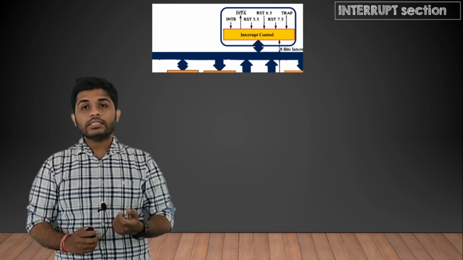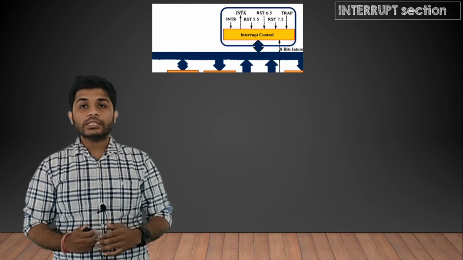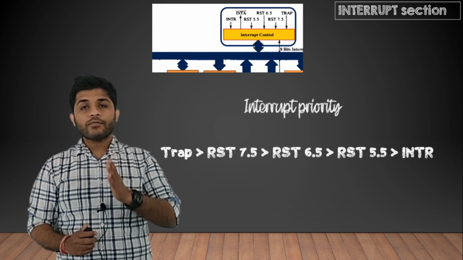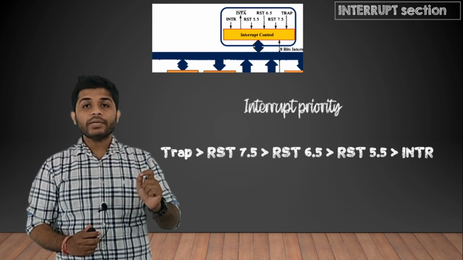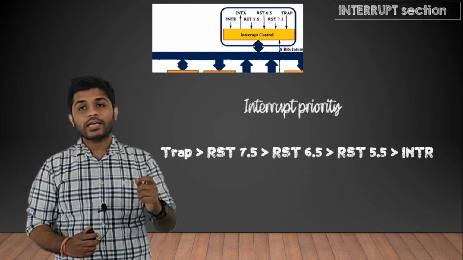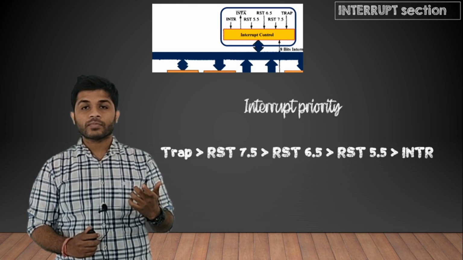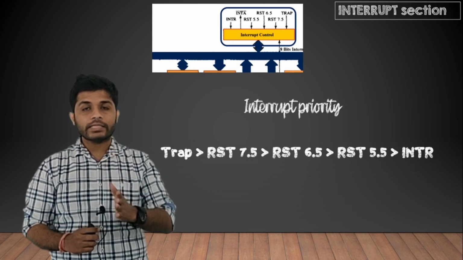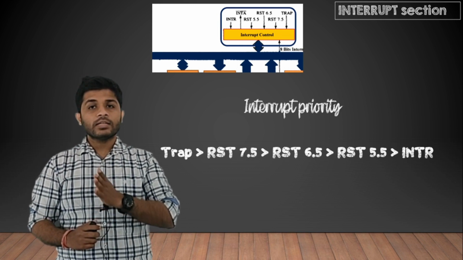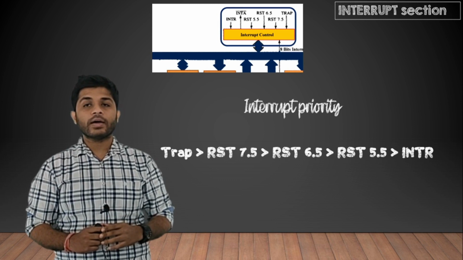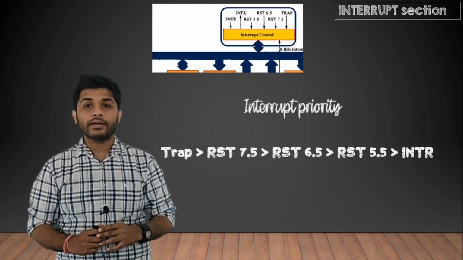Now let's see the priority of these interrupts. From these 5 pins, TRAP has the highest priority and INTR has the lowest priority. So the priority is: TRAP at the highest, after that RST 7.5, then RST 6.5 and RST 5.5, and the last one is INTR.